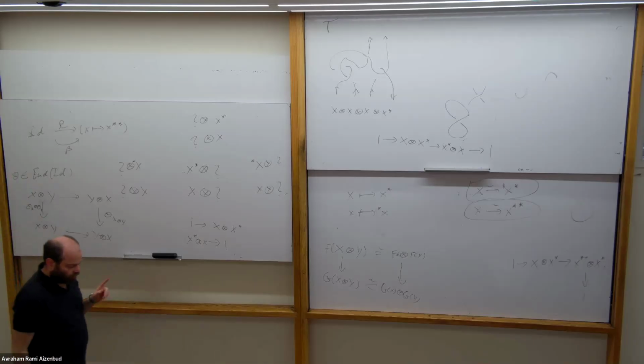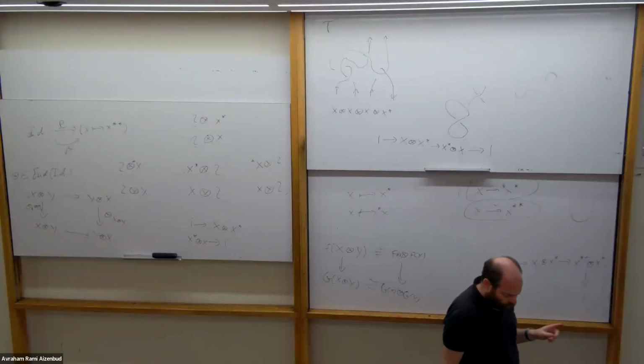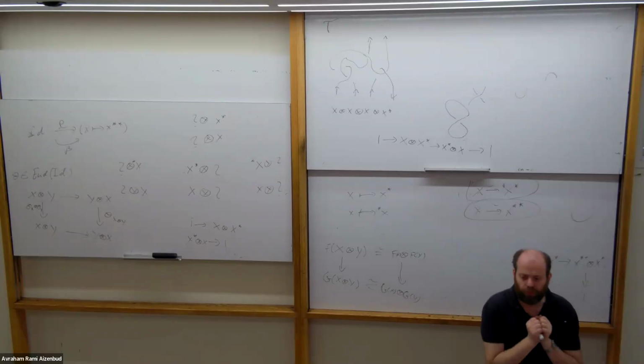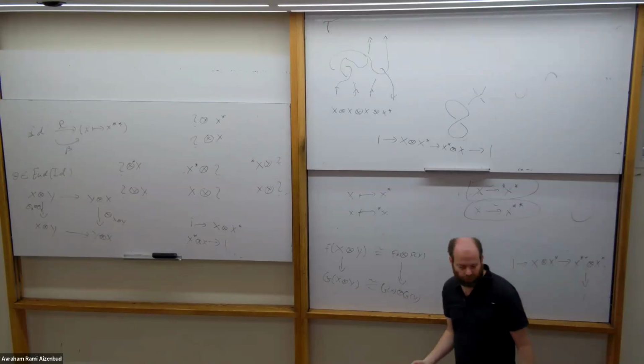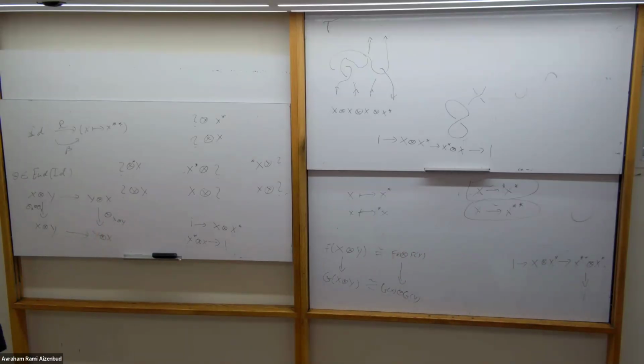And now notice that the notion of balanced structure, or ribbon structure, or a twist, is something that you can do for any braided category. It doesn't have to be rigid. And the notion of pivotal is something that you can do for any rigid category. It doesn't have to be braided.